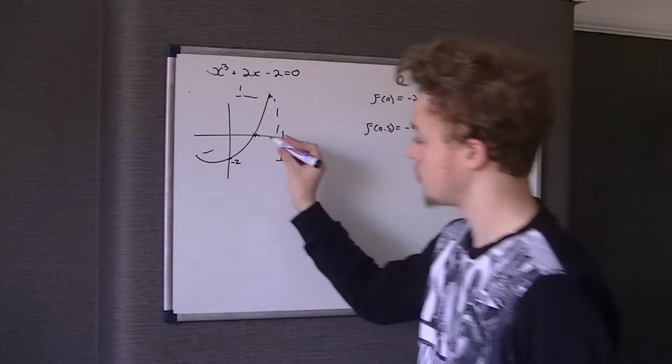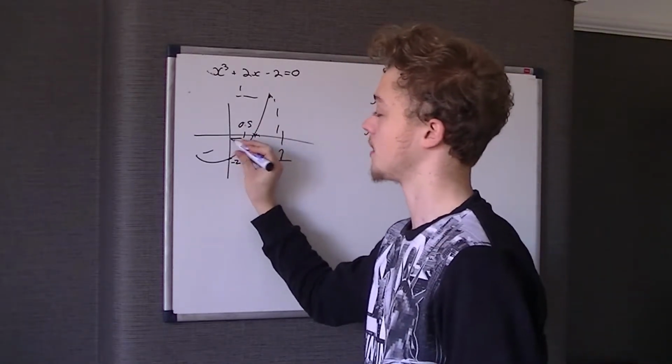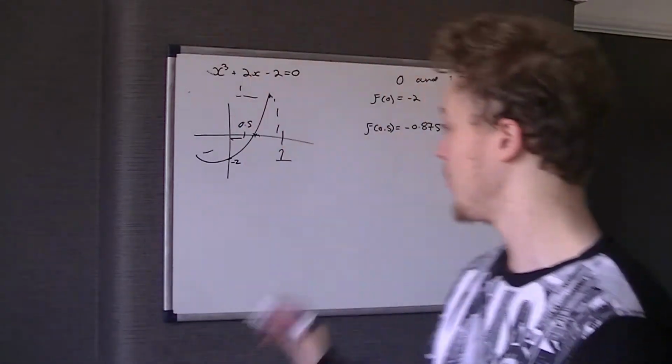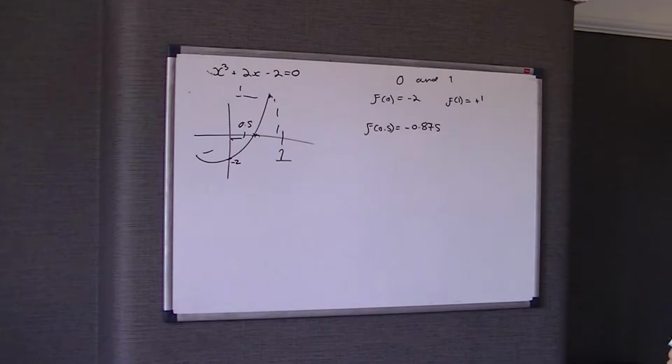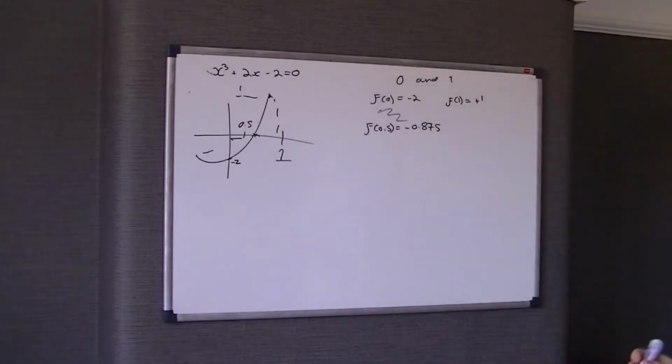So we draw 0.5 somewhere over here. We know all the way on the left hand side of 0.5, we get a negative value for y. So we're not going to consider below 0.5. The change of sign has been between 0.5 and 1.